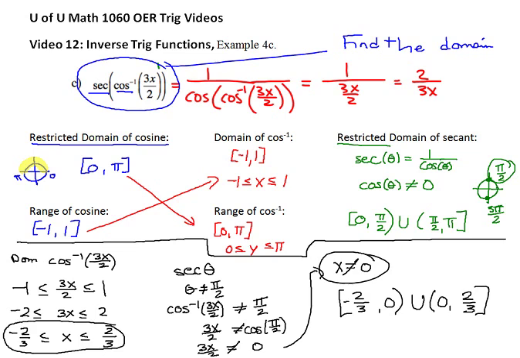So we wouldn't have to modify the original domain by taking out a piece. So it'd just be a little bit simpler.